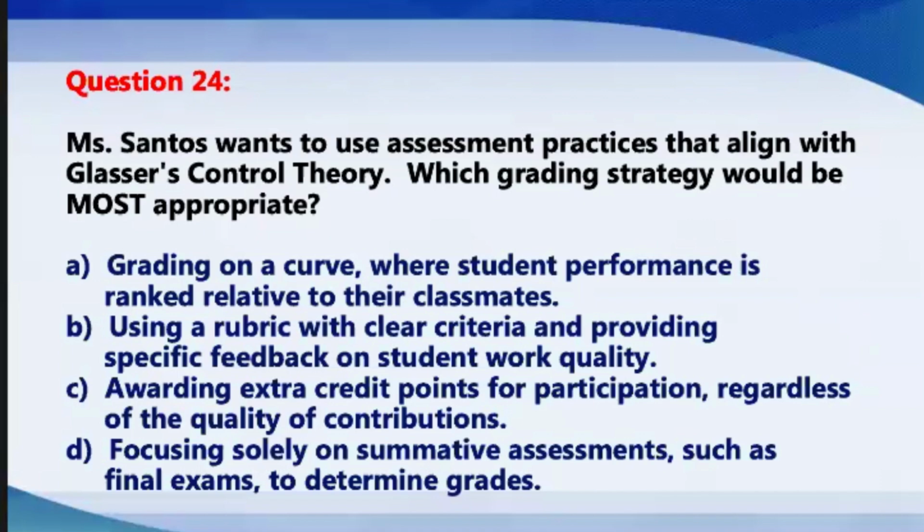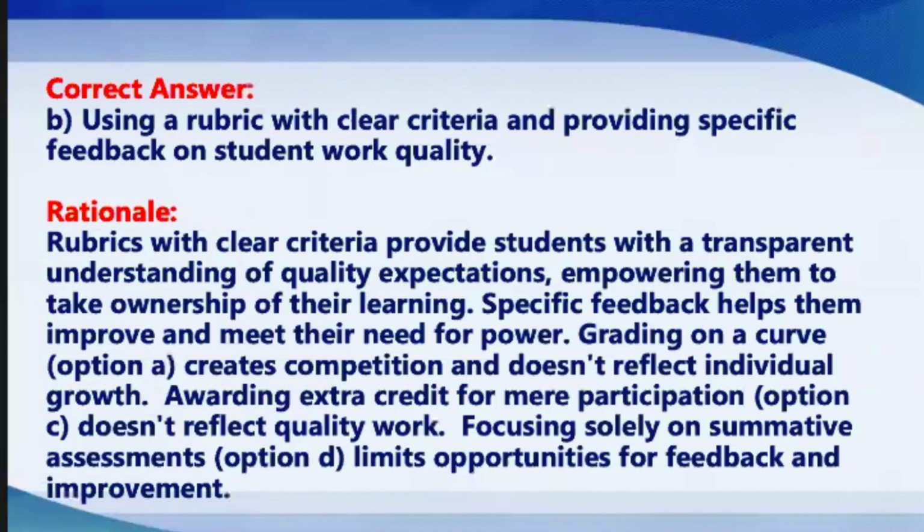The correct answer is letter B, using a rubric with clear criteria and providing specific feedback on student work quality. Because rubrics with clear criteria provide students with a transparent understanding of quality expectations, empowering them to take ownership of their learning.